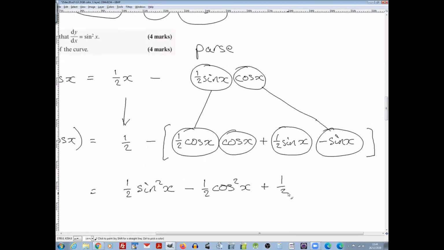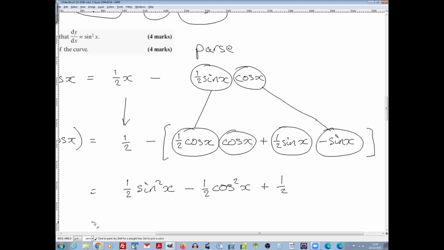So that looks nice and neat. And yet, it's not what they've got. Well, you could factorize that. We could take a half out.